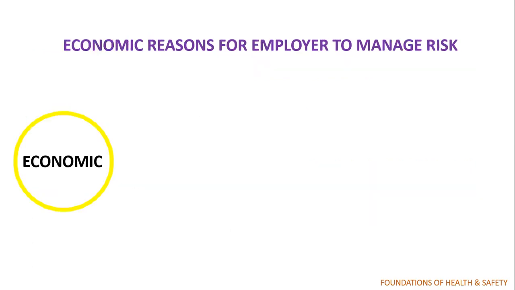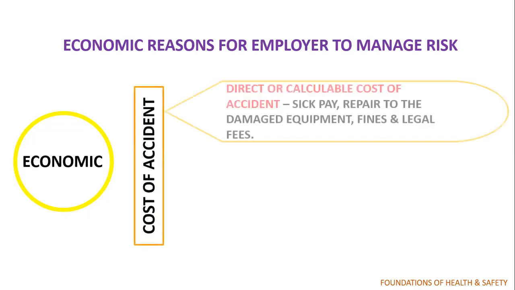So the next reason for managing health and safety is the economic reason. Every accident has a cost involved in it. The cost of the accident can be a direct or calculable cost of accident.